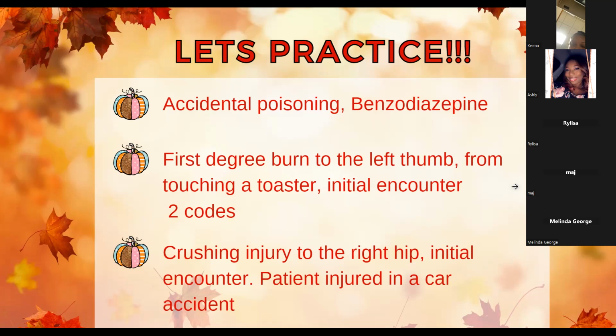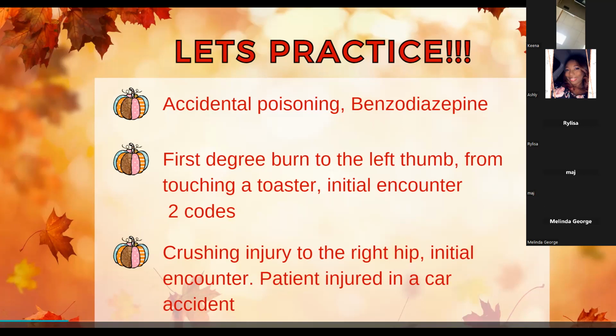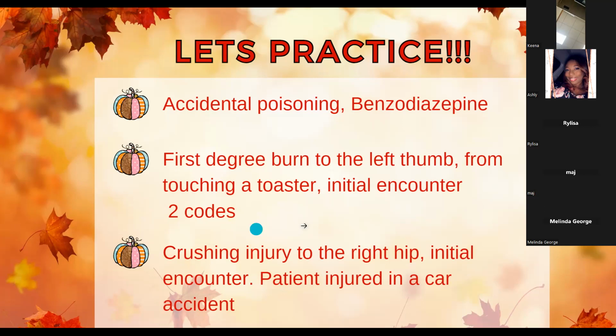I only did three because I knew that second one was going to be a little bit involved and take a little bit of time. So, crushing injury to the right hip, initial encounter, patient injured in a car accident. Now, one thing I think I might have messed up on this: I didn't tell you whether or not the patient was driving in said car accident or a passenger.